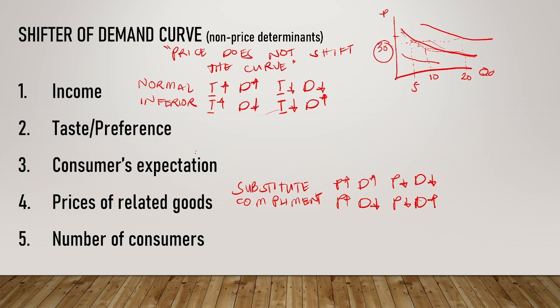Say for example, we talk about income. In my problem or scenario, normally I will mention that this is a normal good.